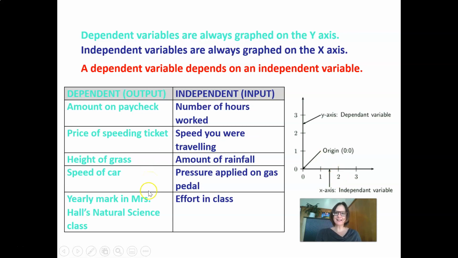And my best example, and I love to use this in my class, is my yearly mark in Mrs. Hall's natural science class. If you want to be at 100% up here at the top, on the y-axis, you want to reach 100%. That depends on your independent variable, which is the amount of effort you put in the class. So how much effort are you putting in? How much time are you putting in?